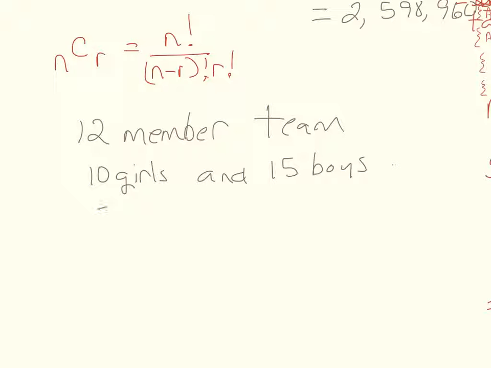I must have 5 girls and I must have 7 boys on the team. So what we would do is take our combination, 10 girls 5 at a time, and multiply that by 15 boys, 7 at a time.